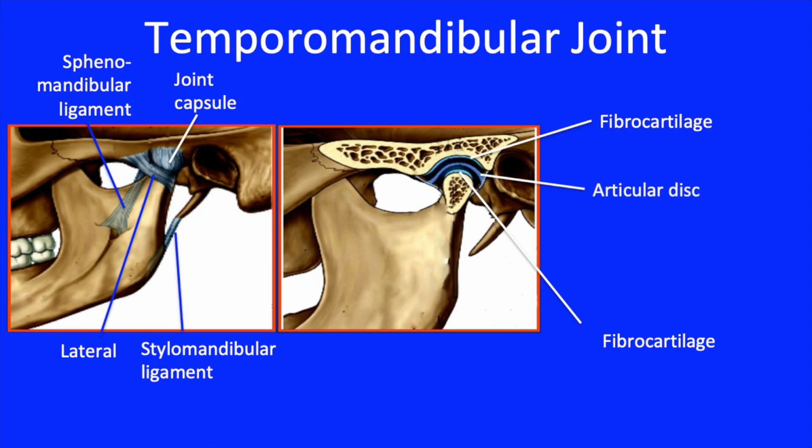And notice that the joint is completely divided by a fibrous articular disc into the upper joint cavity and the lower joint cavity. The lower part of the joint acts as a hinge, whereas the upper part allows protraction and retraction of the head.